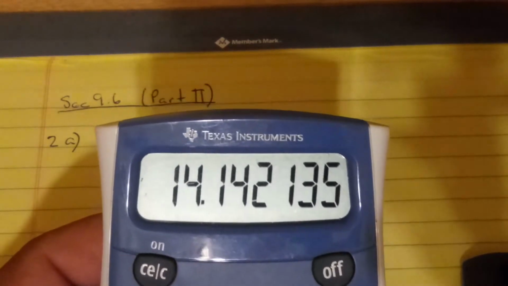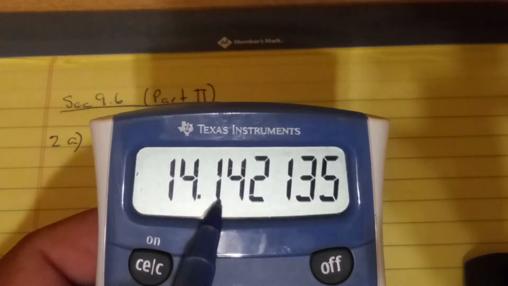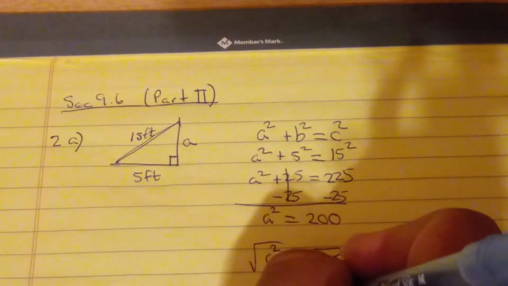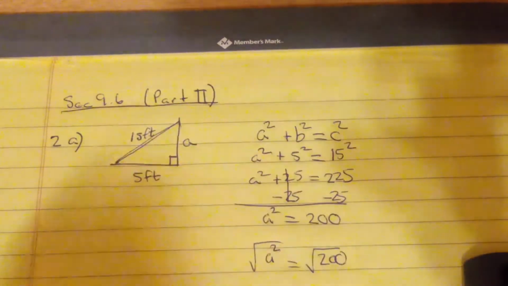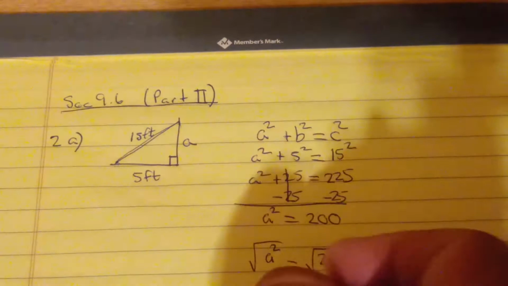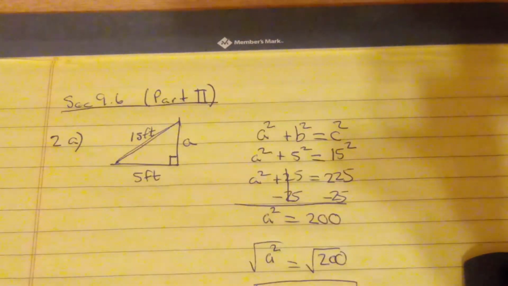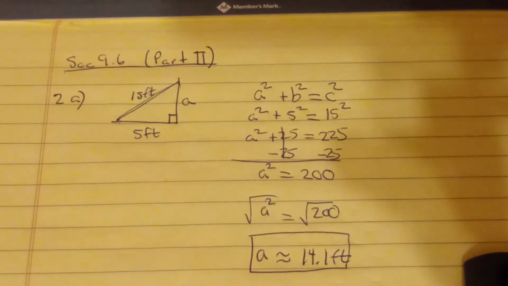They want you to round to the nearest tenth, so it's that first decimal place. So this is approximately 14.1 feet. That is the height. So once again, nothing too difficult with this section. Pretty straightforward problem.